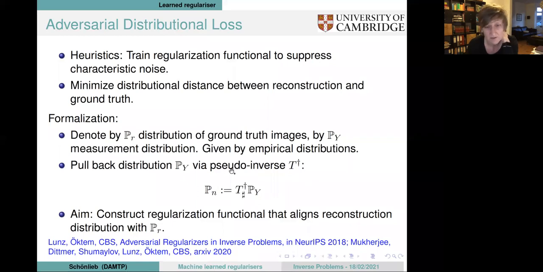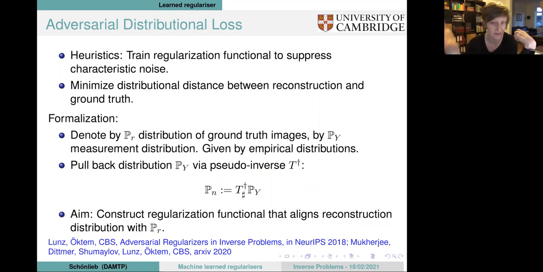PN. Okay, so this is another thing: at least how we did it, we only solved inverse problems where we could compute the pseudo inverse. Again, why did we choose the pseudo inverse?